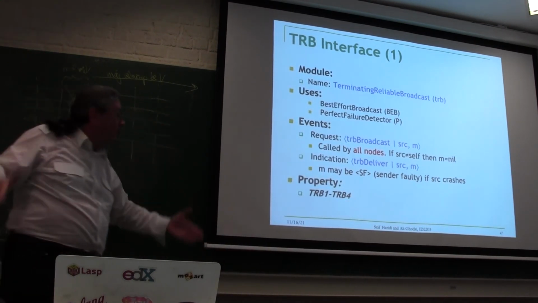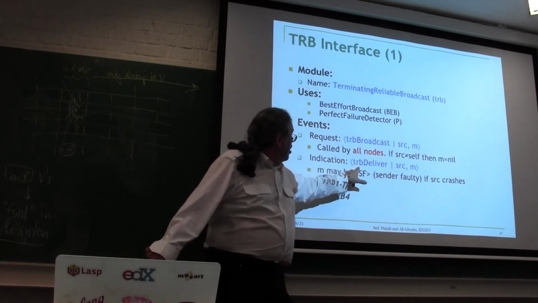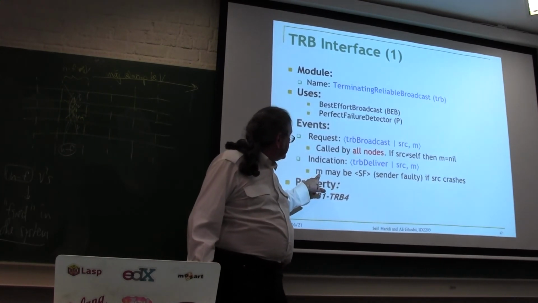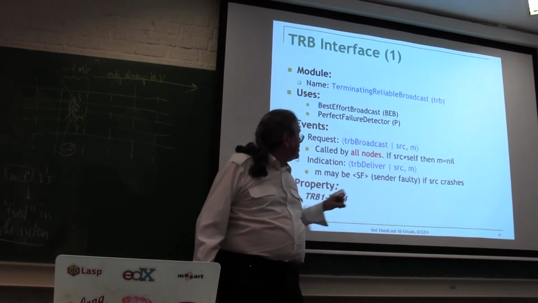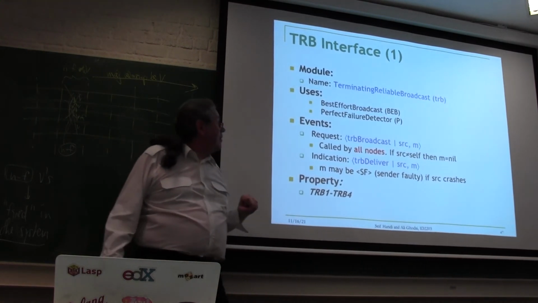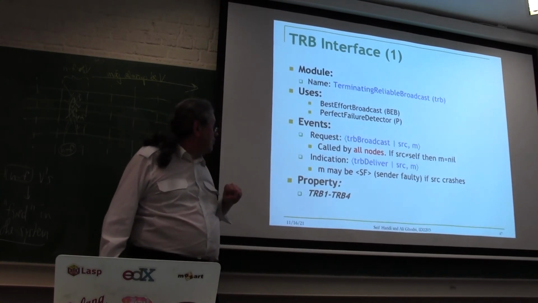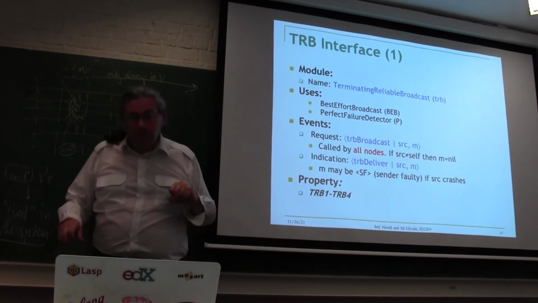That's how it works. They will get a TRB delivery, and the message will either be M, or it might be this funny SF message if the sending source node crashes.